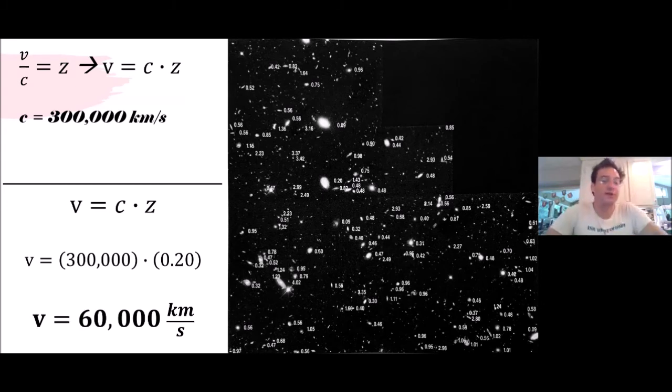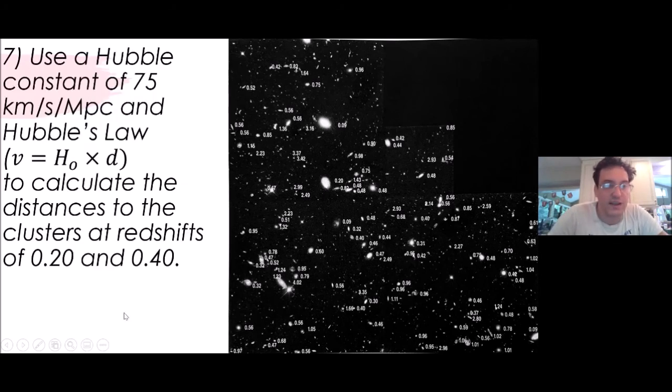The example I'm going to use is a redshift of 0.2, so we take 300,000 and multiply it by 0.2, and that gives us 60,000 kilometers per second. All you have to do is the same equation, but instead of putting in 0.2, you put in 0.4 and see what number comes up. It's that simple, and that gives you an idea of the differences between the two values.